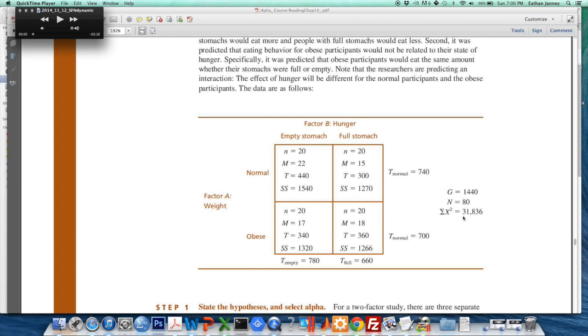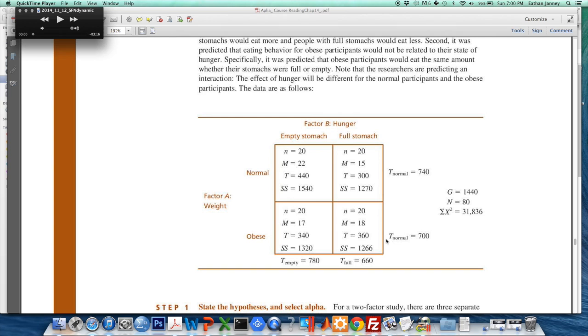And the sum of X squared, if we were to take each score, square it, and then add all those squared values together, we would get this number, 31,836. And since we don't have each score individually, we would not be able to calculate that value on our own, so that's good that they're giving it to us.